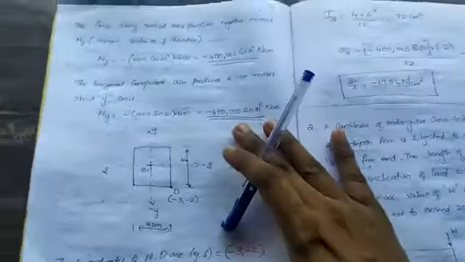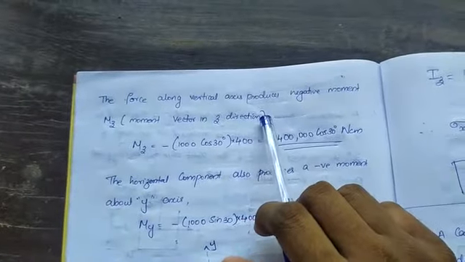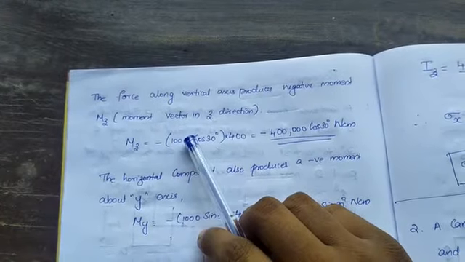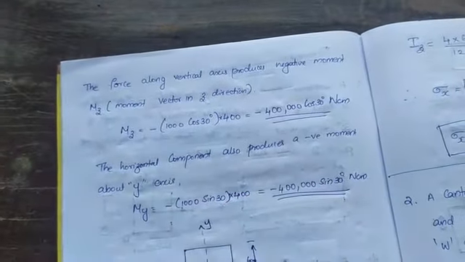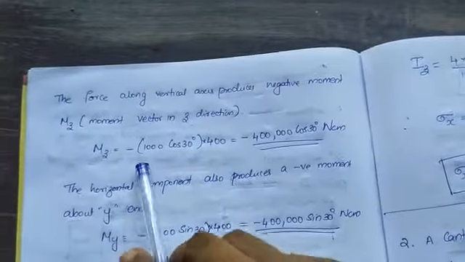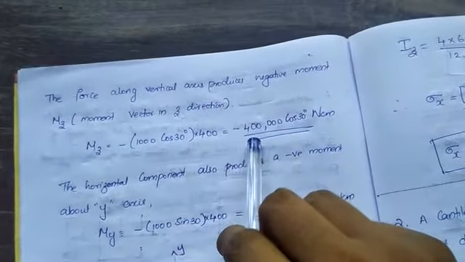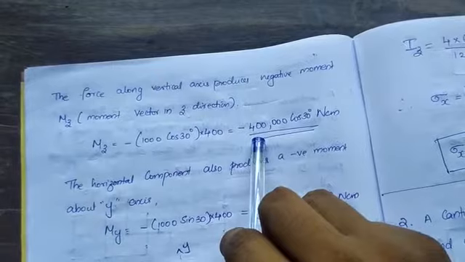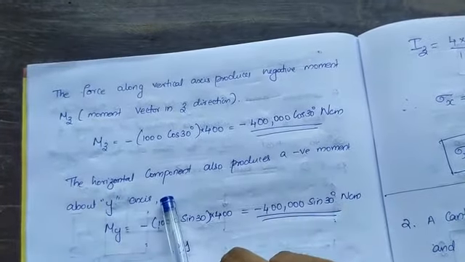Now the force along the vertical axis produces a negative moment. This force is going vertical. So Mz is equal to minus 1000 cos 30 into 400, which is minus 400 into 1000 cos 30 Newton centimeter.